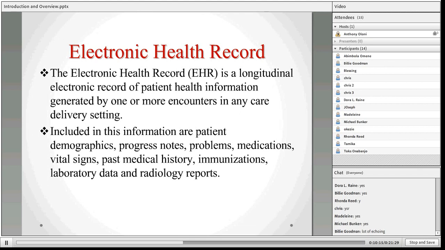So for example, the Presbyterian hospital that we used in the last example, even though they connect to the regional health information network, they have to have their own electronic medical record. So their electronic medical record is called an electronic health record.